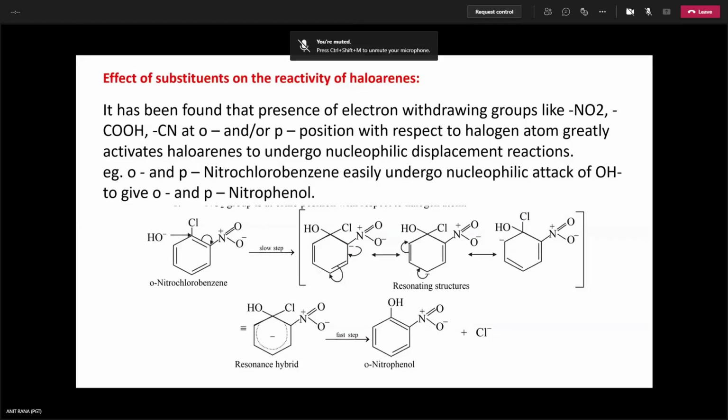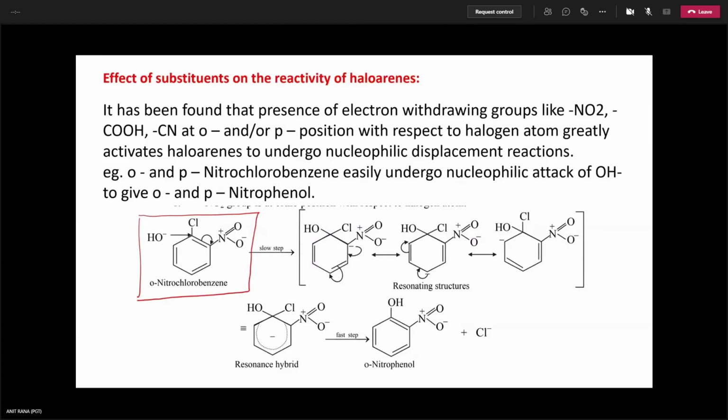So let's take an example: ortho-nitrochlorobenzene. This is like chlorobenzene, with a nitro group, NO2, at the ortho position. NO2 we write as N with a double bond, and a single bond with a negative charge, and the positive charge is over the nitrogen, because the fourth bond is forming here.